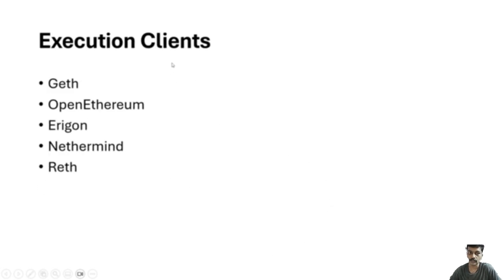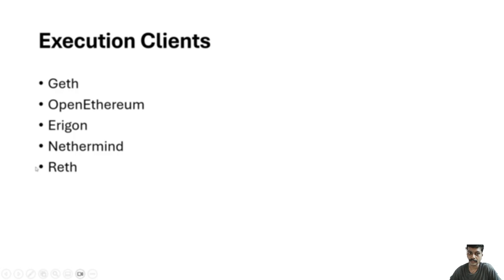Of course, the execution clients are there, like Geth, and each and every execution client has to use the EVM, because you need to execute the program. And as I showed you in the first slide, the execution happens and is triggered by any of these execution clients. Right now the most famous execution clients are basically Geth and Reth.